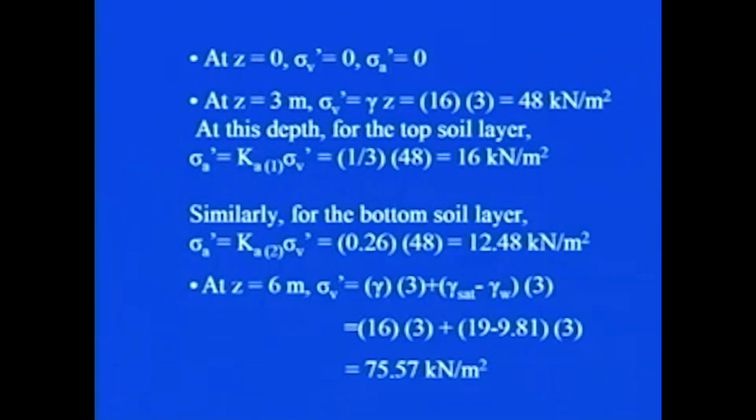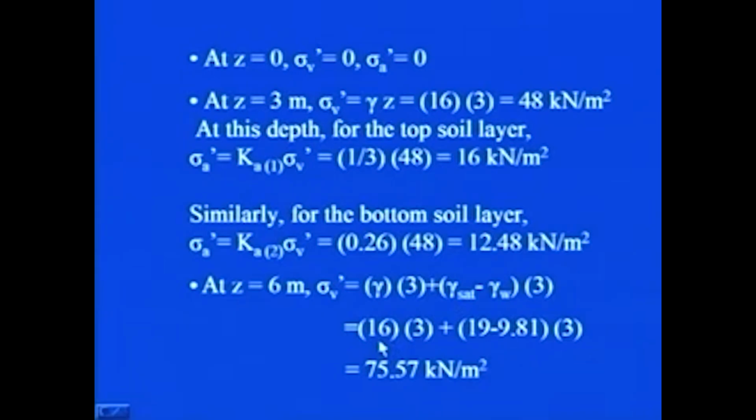Now, you see at z is equal to 6, if we want to find out sigma V prime, that is the effective vertical stress, it will be equal to gamma into 3 plus (gamma saturated minus gamma W) into 3. We are finding the effective vertical stress, that is why you have to subtract the unit weight of water from gamma saturated, the saturated unit weight of the soil.